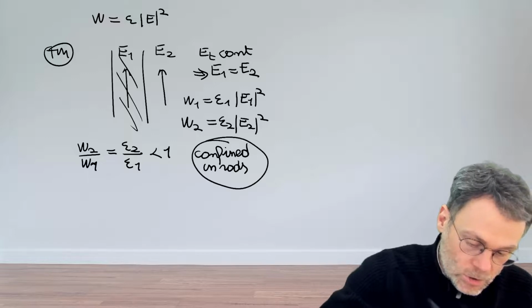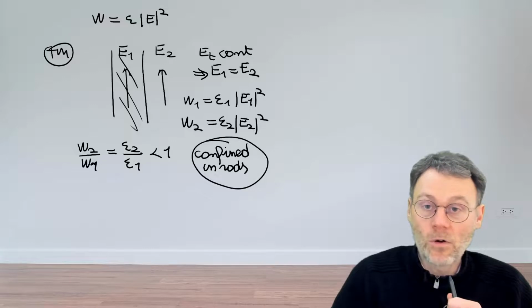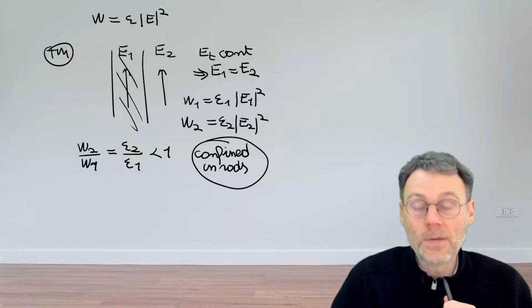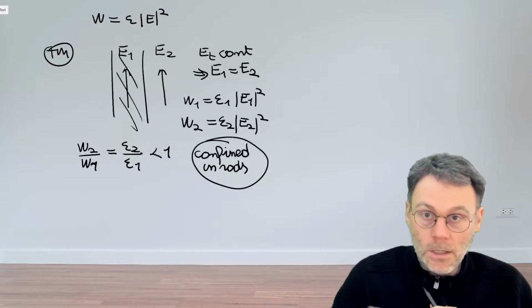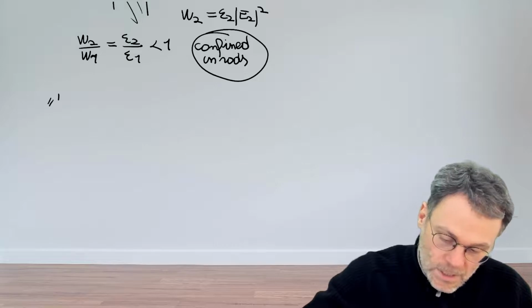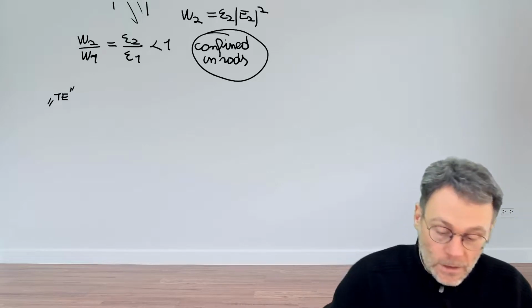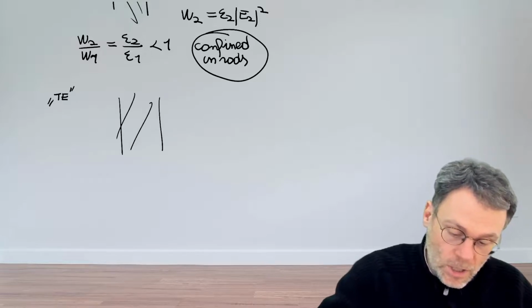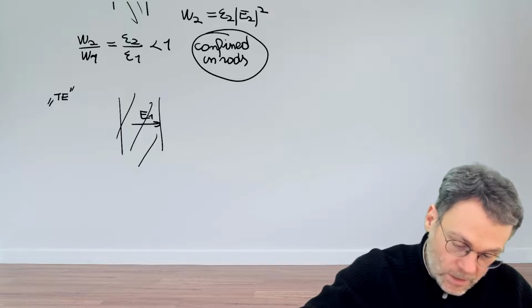Good. So now we know what happens in case of TM polarization. Perhaps pause the video and try to do the same thing for TE polarization. TE is very similar but subtly different, of course. So for TE, or what we call TE in photonic crystal parlance, there we have the cross section here. So this is again our rod, but now the electric field is oriented like so.